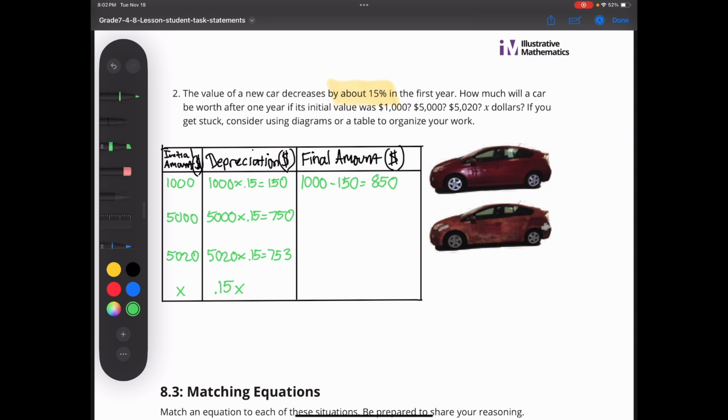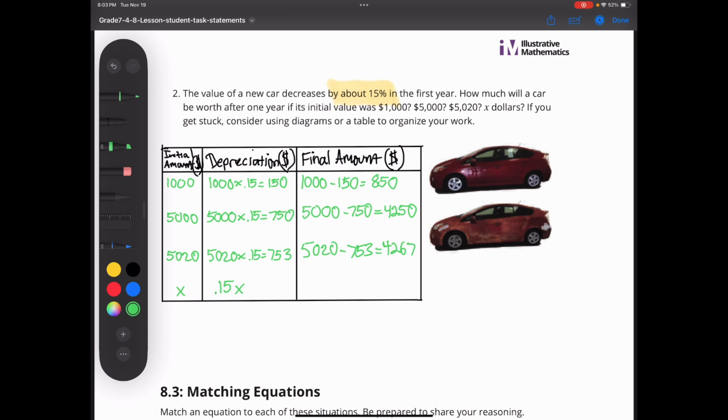And if you bought it for $5,000, it would be $5,000 minus $750, which is $4,250. And if you bought it for $5,020, it would depreciate by $753, and it would be worth $4,267.